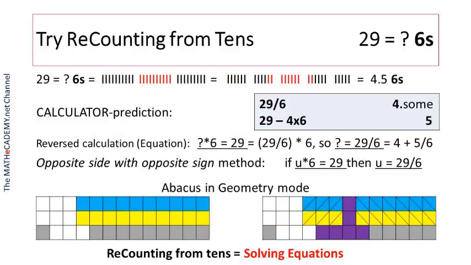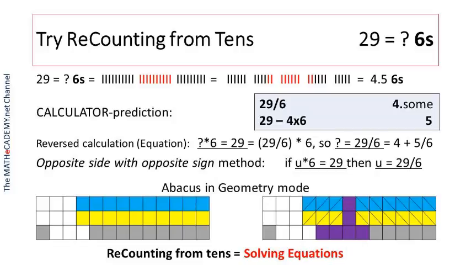Asking 29 is how many 6s means recounting from tens, which can be done in 4 different ways. Using sticks, we can debundle and rebundle the 2.9 10s to get 4.5 6s. A calculator prediction gives the same result, as does an abacus in geometry mode.